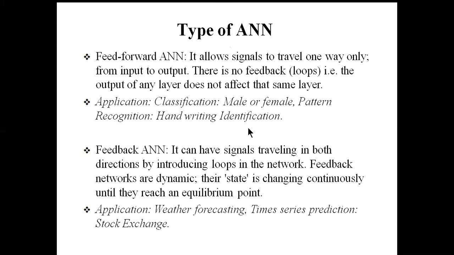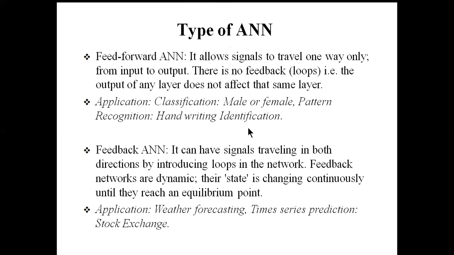As the name suggests, feed forward means it allows the signal to travel in the forward direction, only one way. There is no loop from the output end to the input end, so the output does not affect the input of the same layer. Applications of this type of ANN include classification, male or female identification, pattern recognition, handwriting identification, etc.